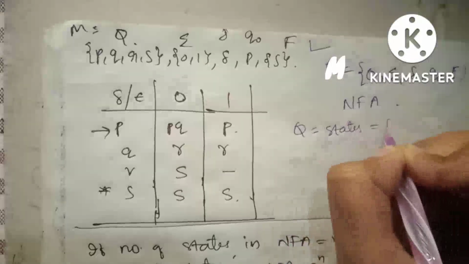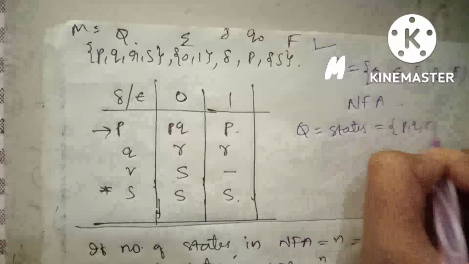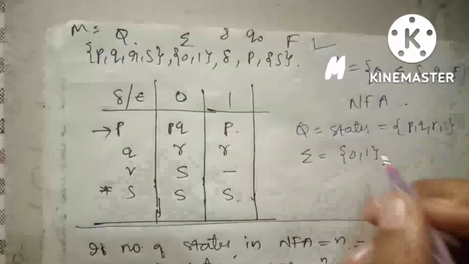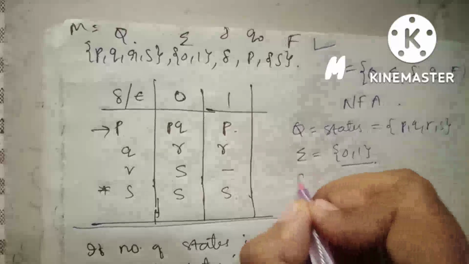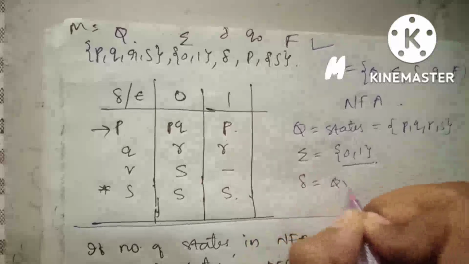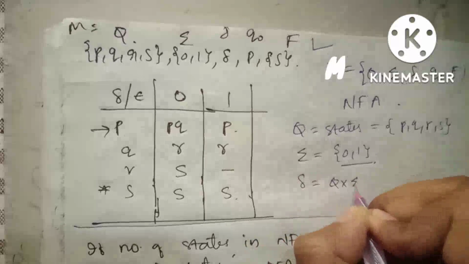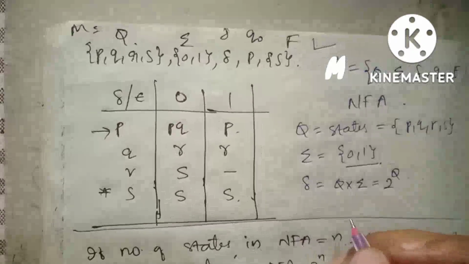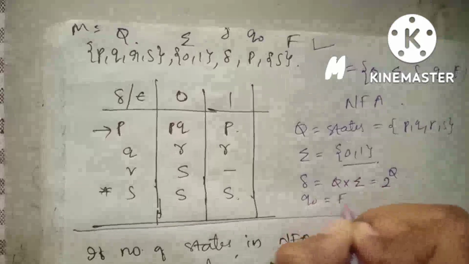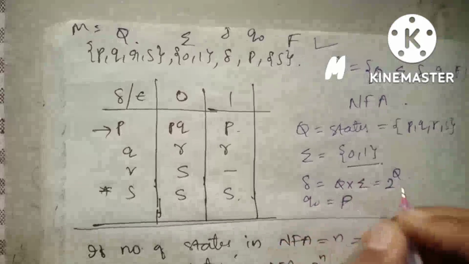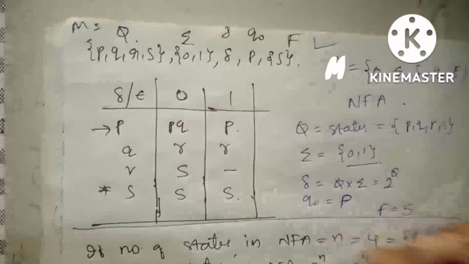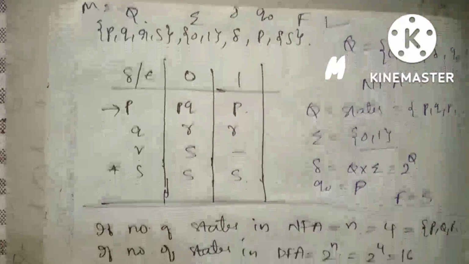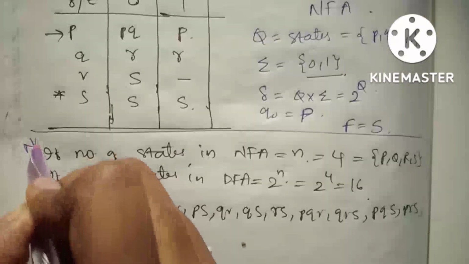The states given are P, Q, R and S. The input that we can use is 0 and 1. Then, as you know, this is Q into sigma to 2 power Q. Then Q naught is the initial state, that is P, and F is the final state, that is S. So this is given.